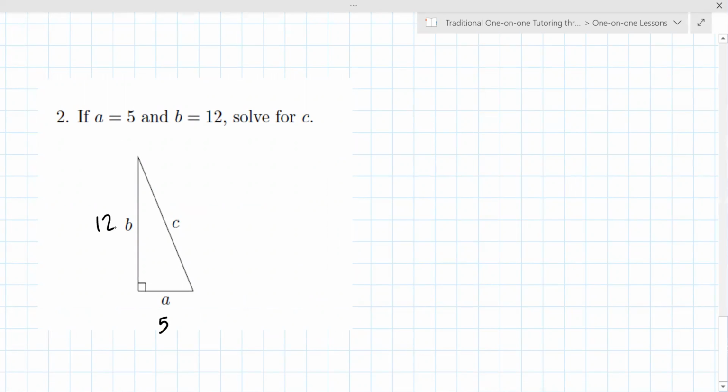So 5 times 5 is 25, 12 times 12 is 144. What I would love to see you do, and what I think is going to give you the best chance, is writing the equation down each time. And then, like you said, 5 squared plus 12 squared.